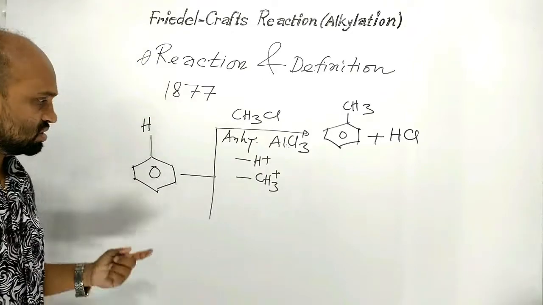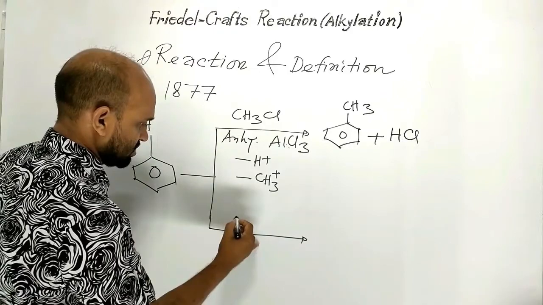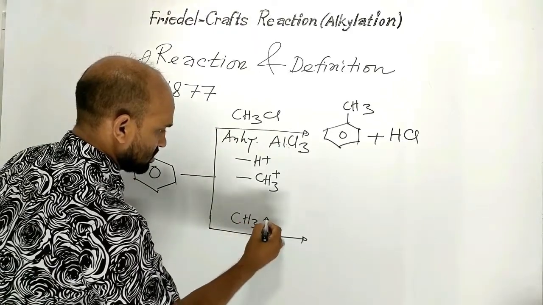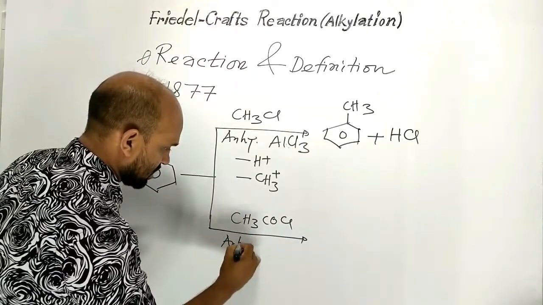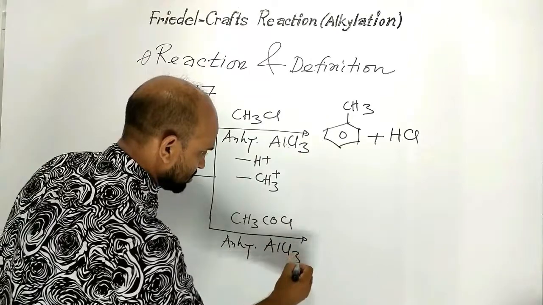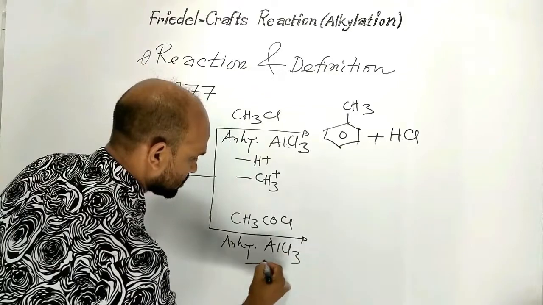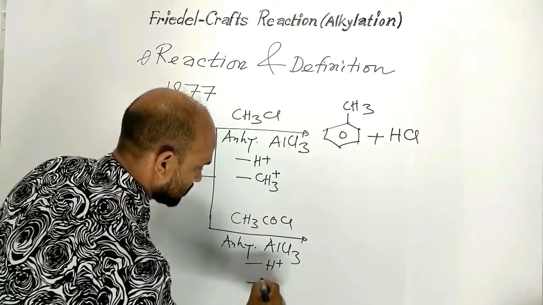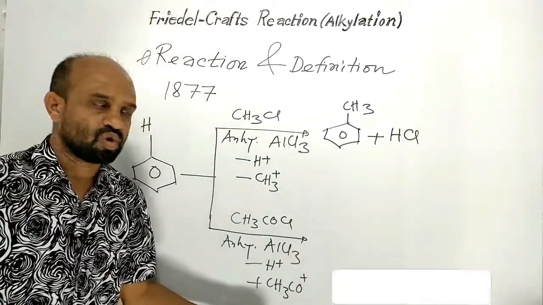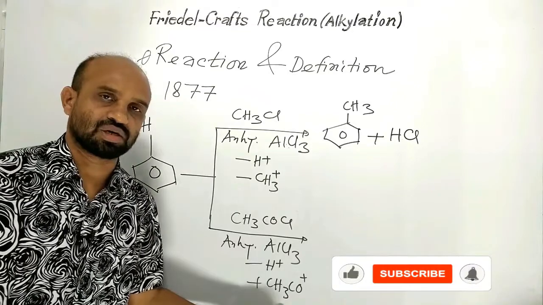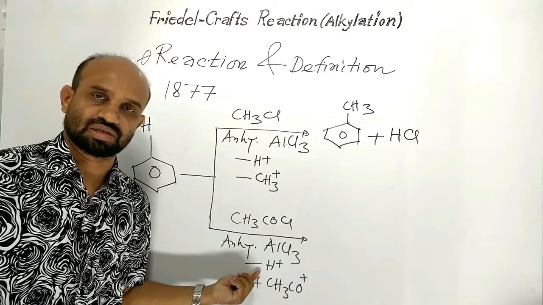Another part is when this benzene is treated with acyl halide like ethanoyl chloride in presence of anhydrous aluminum chloride, then this hydrogen is replaced by acyl group which bonds to this carbon as electrophile, and this hydrogen moves away as electrophile.